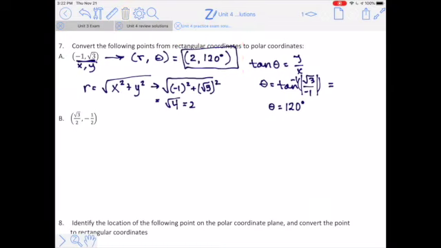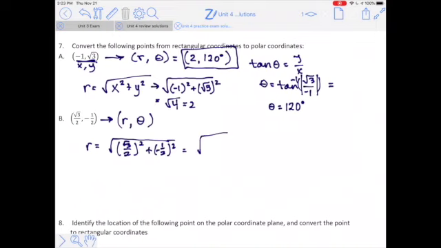And it's the same deal now for part B. We still need to have an r value and a theta value. So square root of x squared plus y squared. Square root of 3 over 2 squared is 3/4.